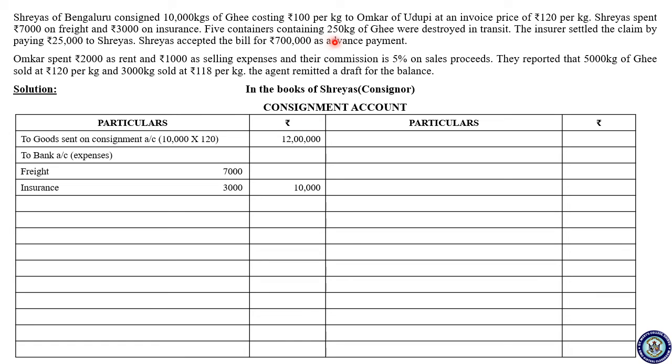Next, 250 kg of ghee was destroyed. So that is abnormal loss, by abnormal loss.